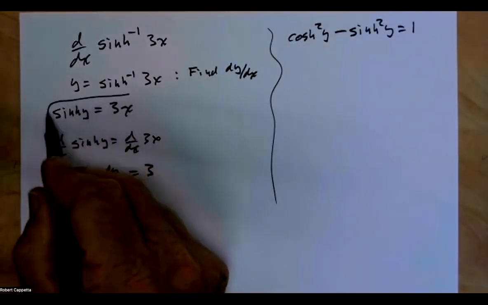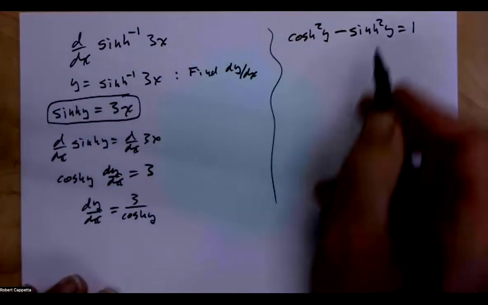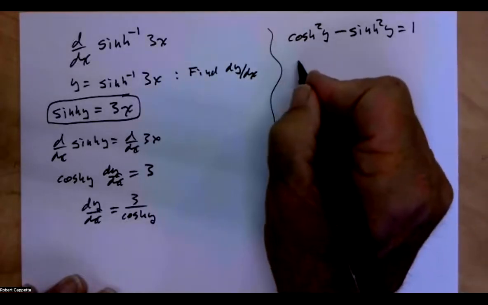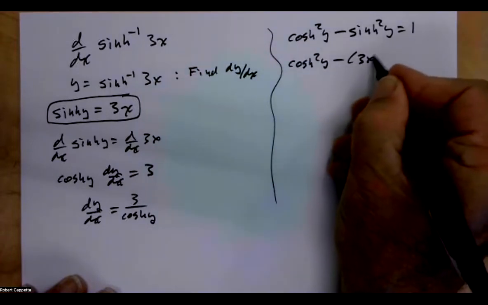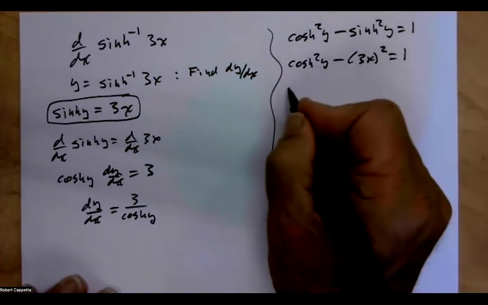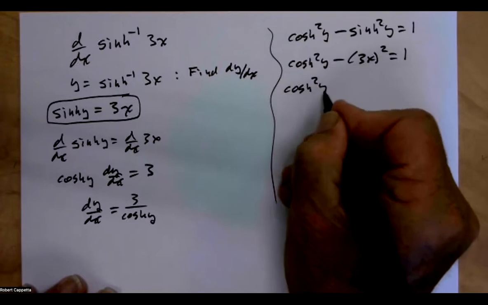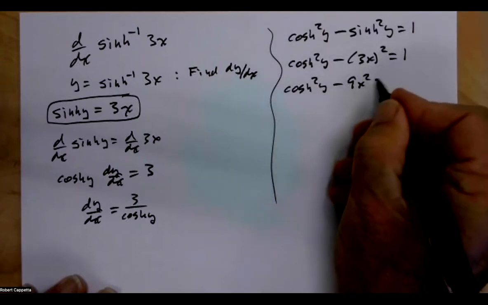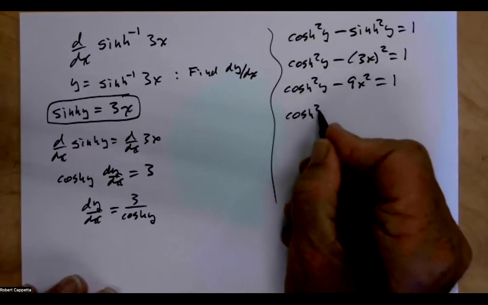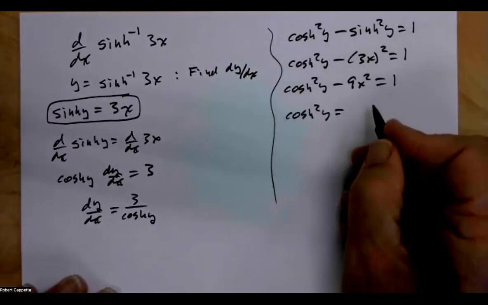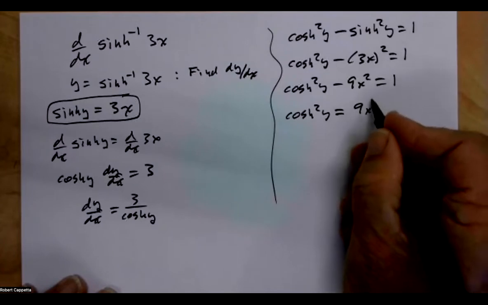This time we are saying sinh y is 3x, so sinh squared y is 3x quantity squared. So we get cosh squared y minus 9x squared equals 1. So we get cosh squared y equals 1 plus 9x squared, or if you like, 9x squared plus 1.